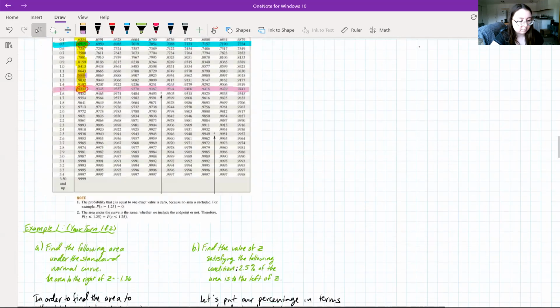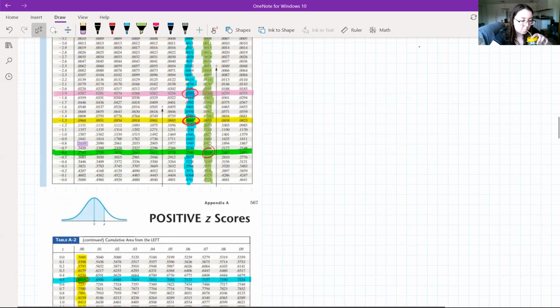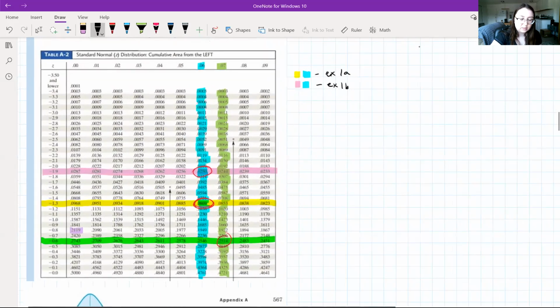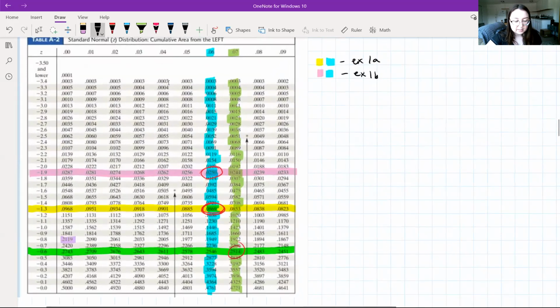This is a lower value, 0.125. So we know that this is probably going to be a negative z-score. So once again, remember, we're just going to scan our values to try and find 0.125. If we find a value that's very close to the value we're looking for, if we don't find it exactly, we can just pick that value.